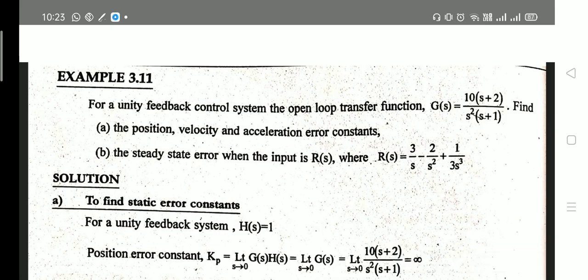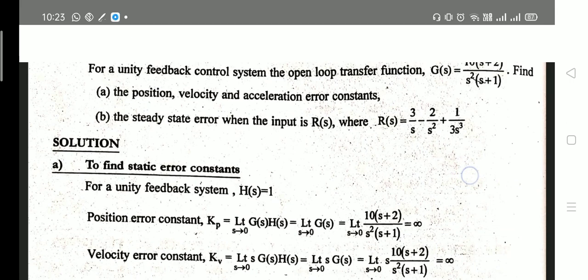Find the position, velocity and acceleration error constants. Second, find the steady state error when the input is r of s, where r of s is equal to 3 by s minus 2 by s square plus 1 by 3s cube.